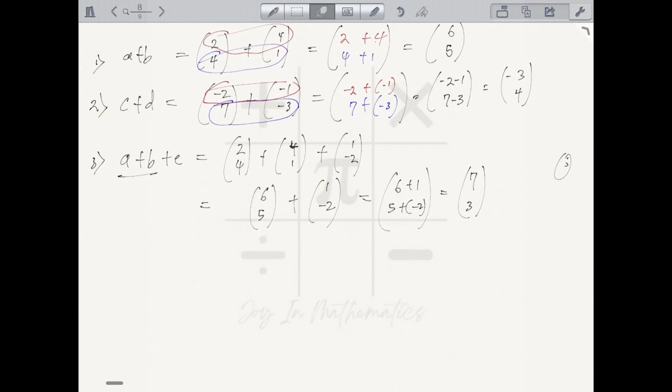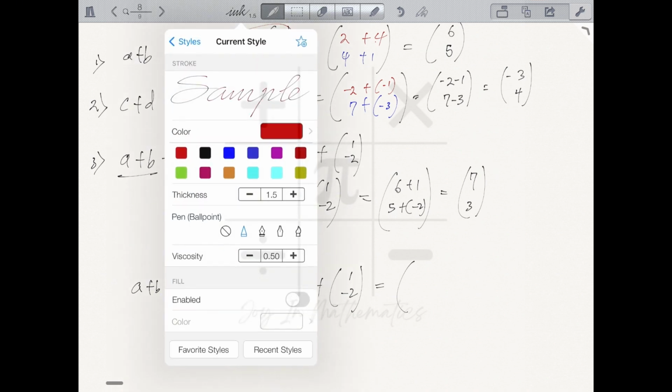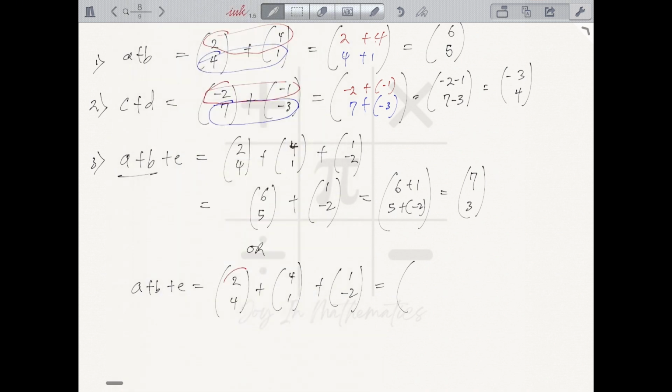Moving on, let's try and solve everything all together. So A plus B plus E. We have (2, 4), we have (4, 1), and likewise we have (1, -2). We resolve the x component. That's 2 plus 4 plus 1.